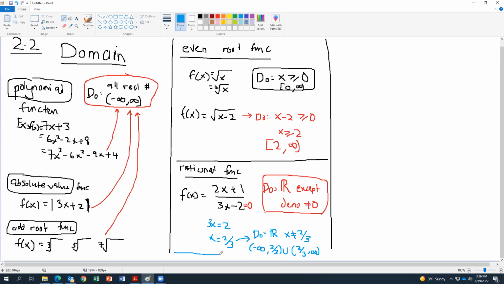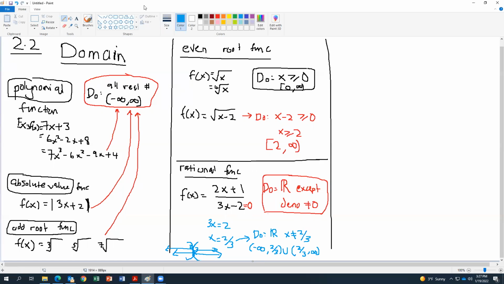It means that any number in your number line works. The only number that does not work in this case is 2/3, because when you put 2/3 in here, you get 0. So we will do anything that goes from -infinity to 2/3 and then 2/3 to infinity. So this is how you figure out your domain for rational functions.